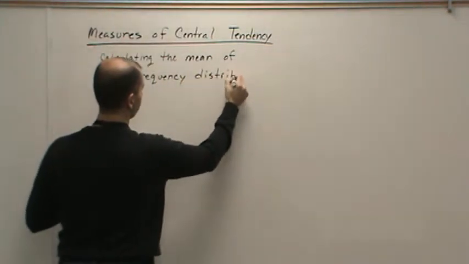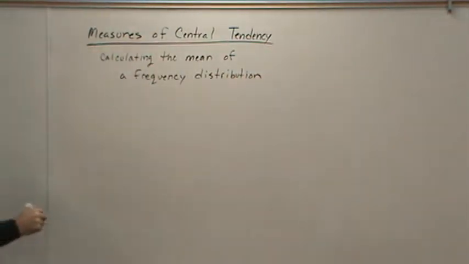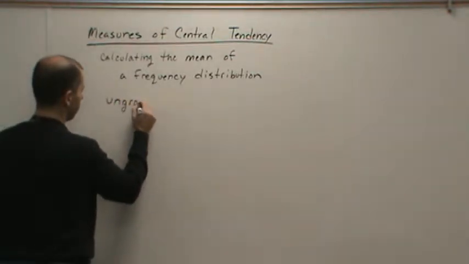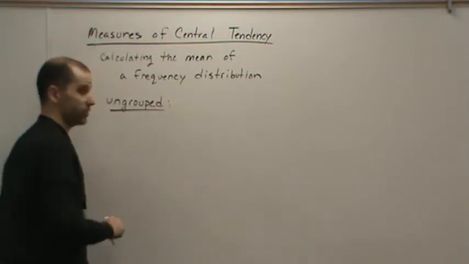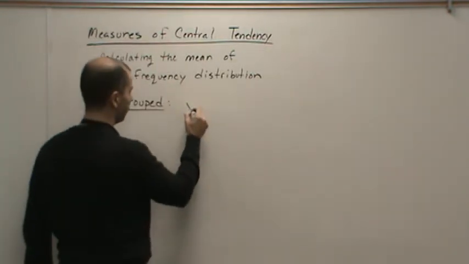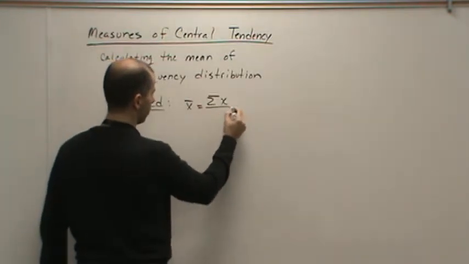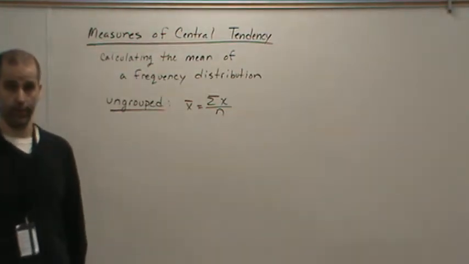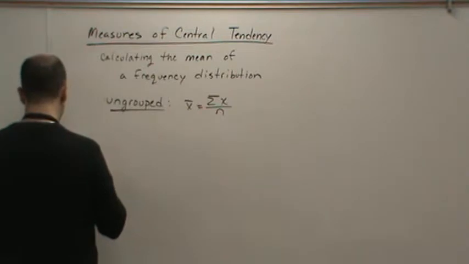Okay. So we're going to do ungrouped first. So an ungrouped frequency distribution, you're going to use the exact same formula. You're going to use x bar is equal to sigma of x divided by n. Okay, and I'll show you how that works. Okay? So let's use an example to illustrate.